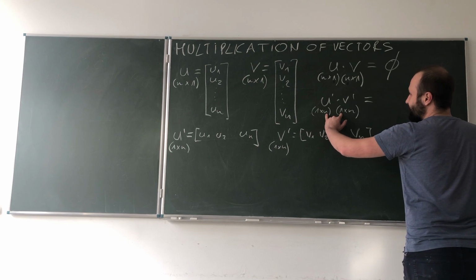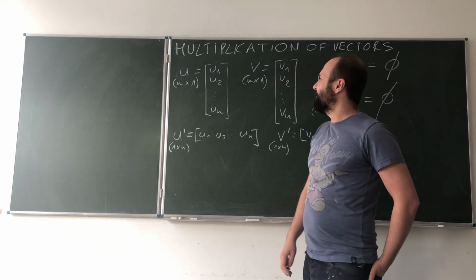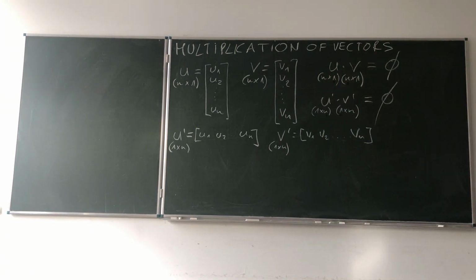Again, those two dimensions are different, so we cannot multiply them. Well, so we get another empty set. So, does it mean we cannot multiply the vector? Well, definitely not. We definitely haven't explored all of our possibilities, right?